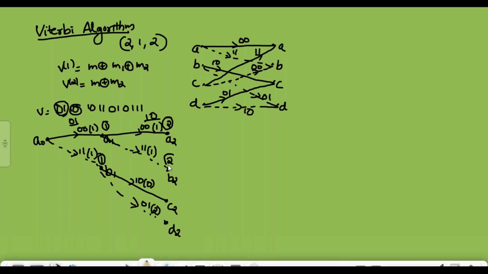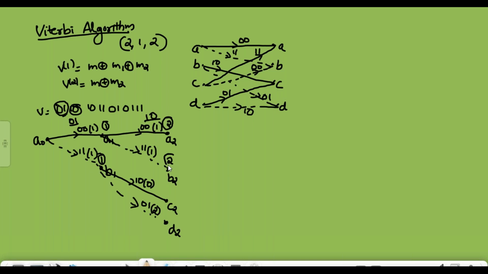Here write the output bits. Here it is 0 0, 1 1. Then from B2 to C3, here it is 0 0, from B2 to D3 it is 0 1.